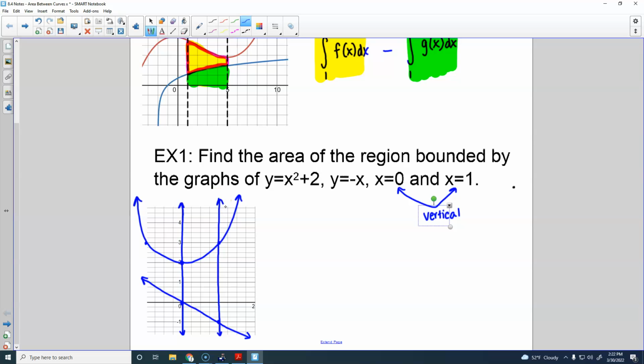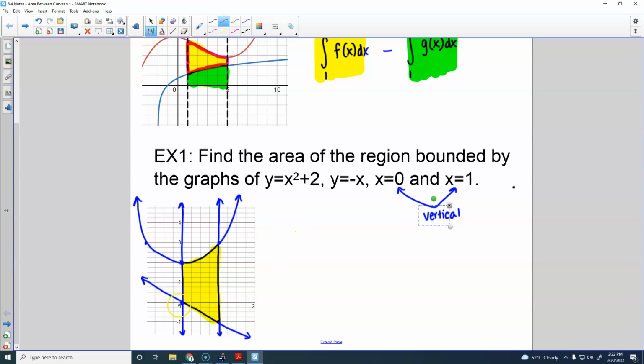So if I graph all 4 of those lines, the section that is bounded there would be this area right here.